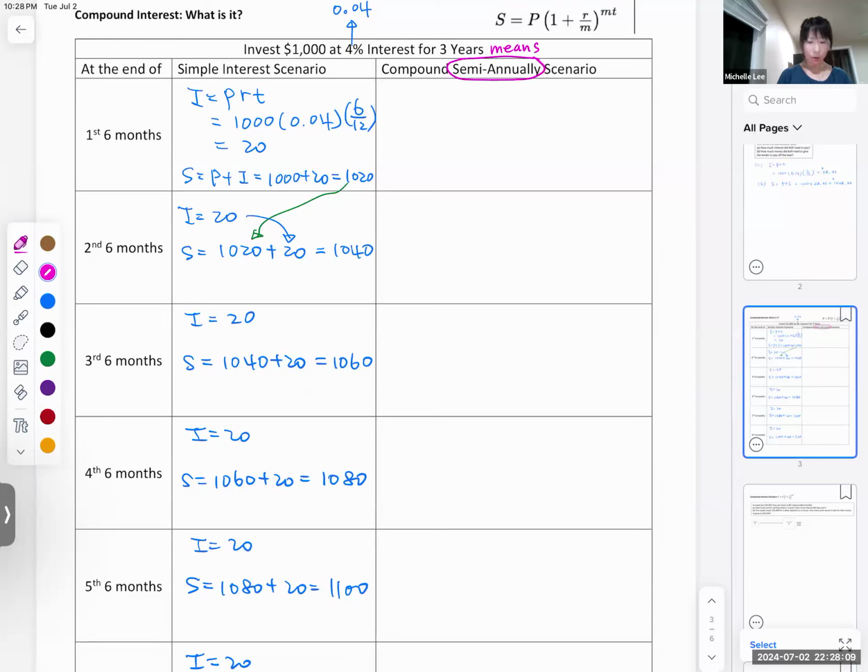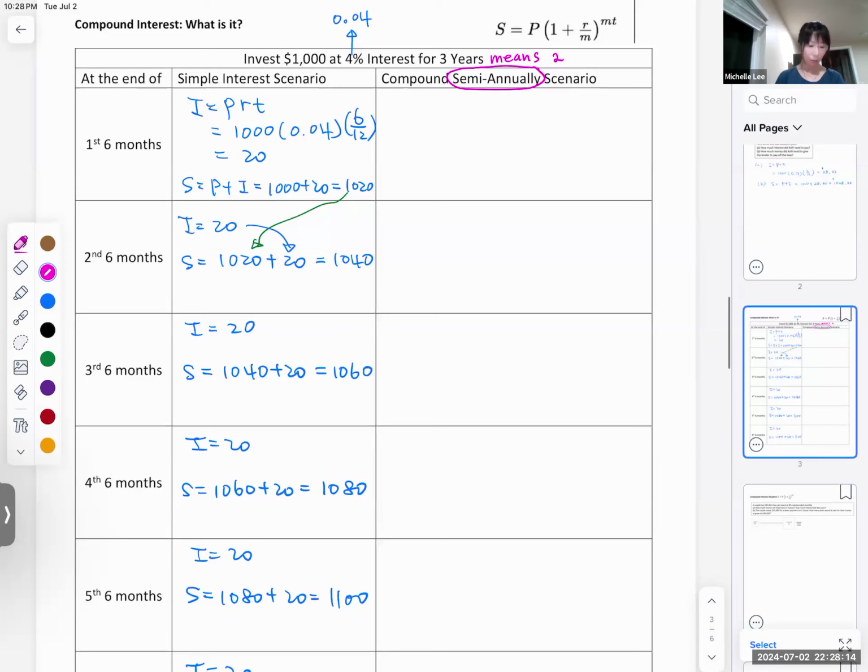We are using this formula. So S equals principal P, which is 1,000, times 1 plus R, which is 0.04, over M. M is semi-annually, so it's 2.